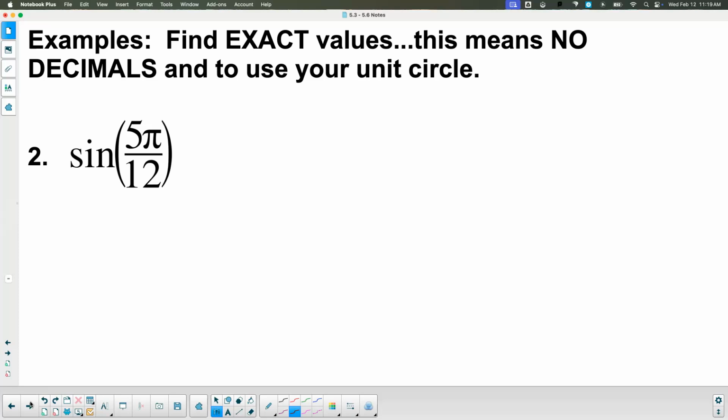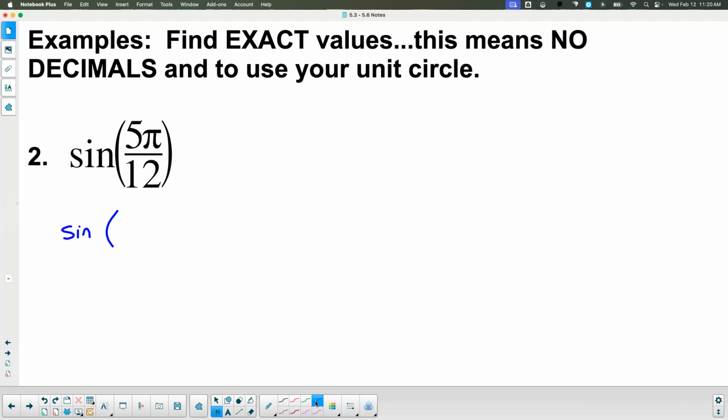So we have the sine of 5 pi over 12. Obviously not on the unit circle. So what can I do? What adds together to be 5? 2 and 3? 3 pi over 12, what does that reduce to?